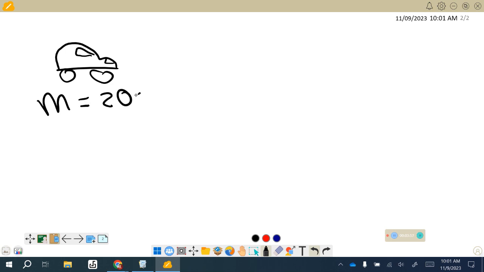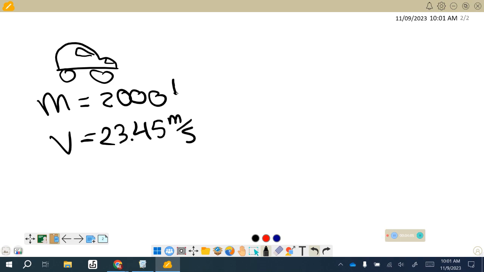So let's say we were to have a 2,000 kilogram car. So we got a car driving down the road. Let me see if I can draw a car real quick. Okay, I've drawn better cars. So the object's mass is about 2,000, and its velocity is 23.45 meters per second.